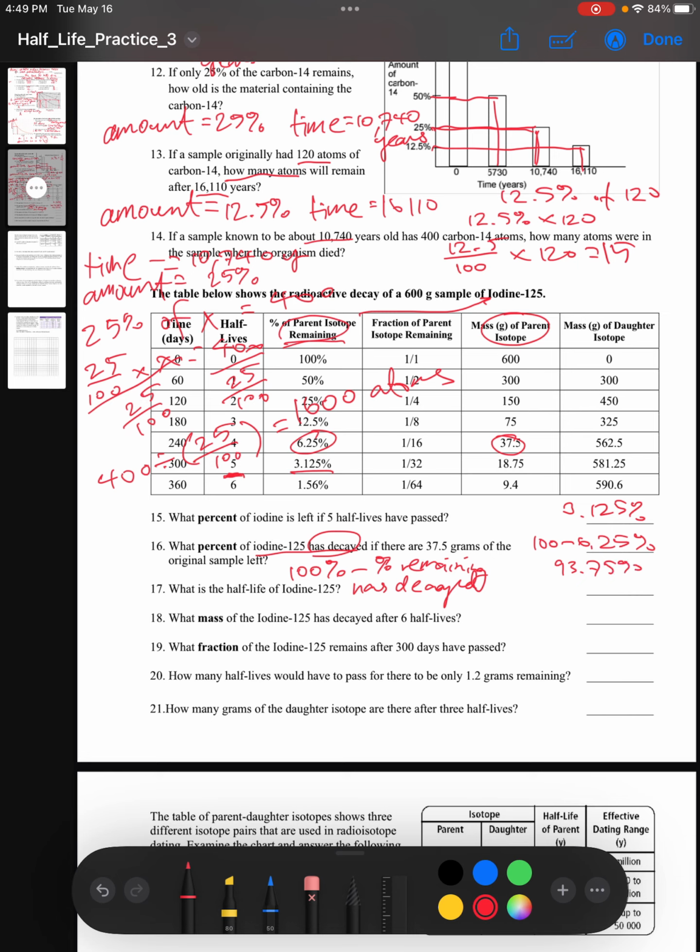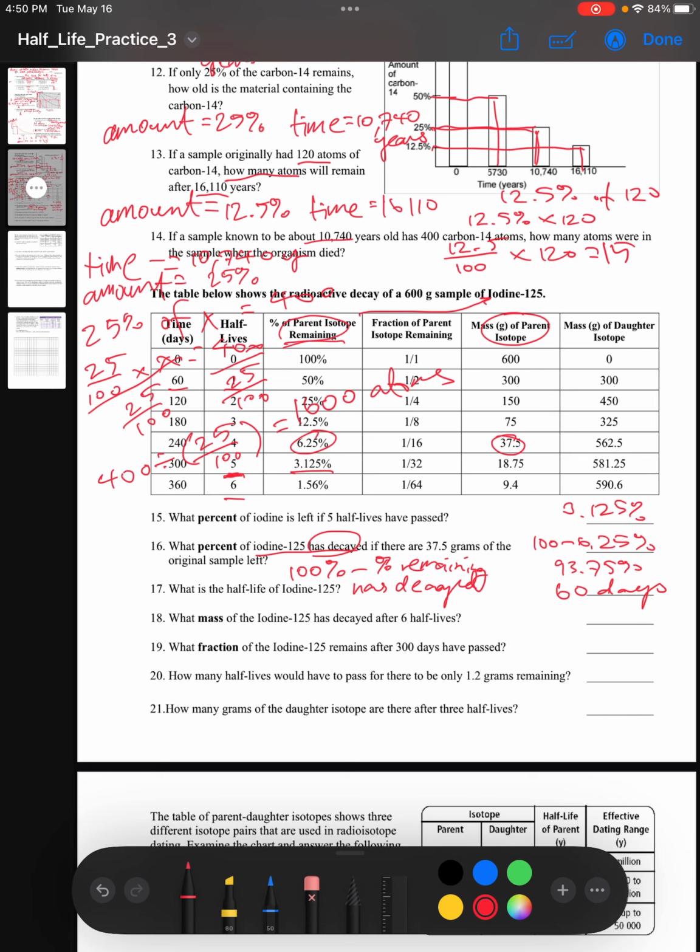What is the half-life of iodine 125? After 1 half-life, that is 60 days. What mass of iodine 125 has decayed after 6 half-lives?